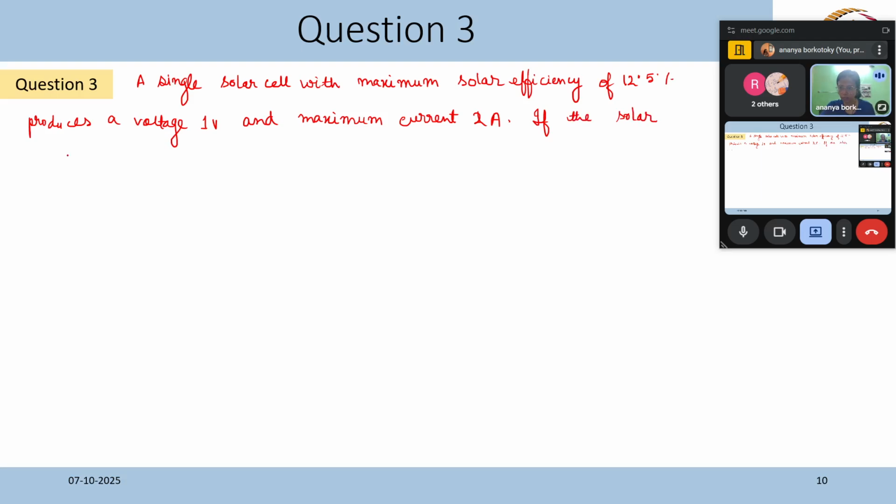The solar insolation is 1000 watt per meter square. This is the incident intensity.